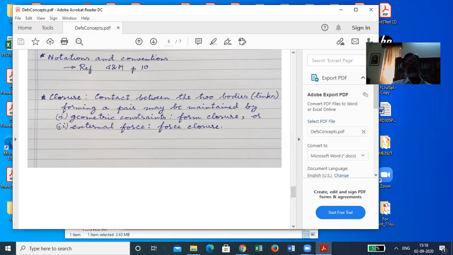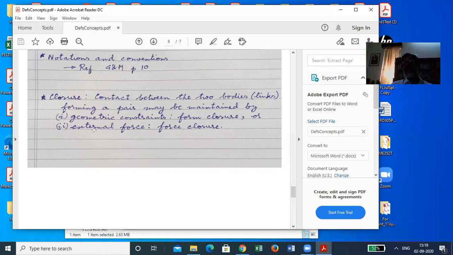One possibility is geometric constraint, the way we discussed revolute pairs, prismatic pairs, cylindrical pairs, screw pairs, spheric pairs, and so on. These are called geometric constraints. And the kind of closure is called form closure, because due to the forms of the two elements of the two links, the contact is maintained. The loop remains closed.